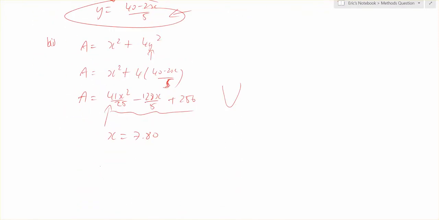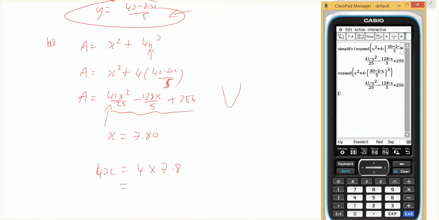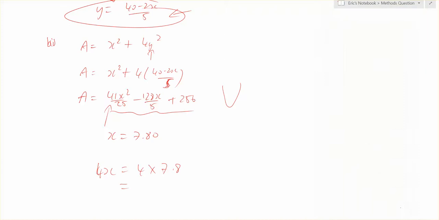So, 4x equals 4 times 7.8, which equals, I can do that on calculator, obviously, in decimal mode, 31.2 centimeters, I think.